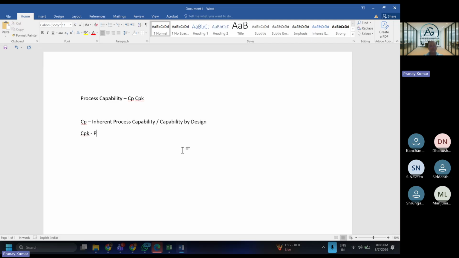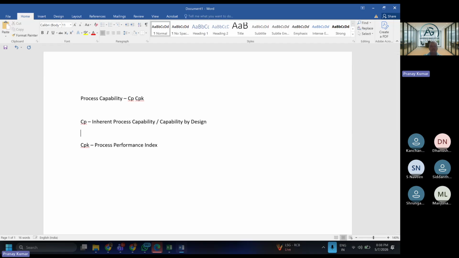So this is referred to as process performance index. CP is what are you capable of, and CPK is against what you were capable of, what did you actually do.